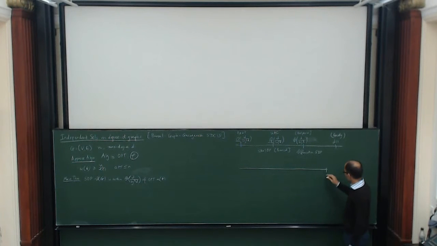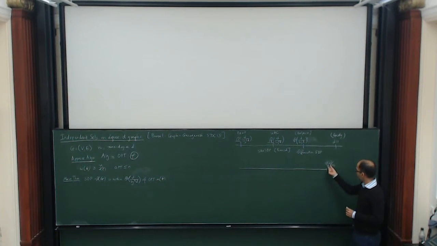So I want to show the theta function value over alpha of G. So let's actually look at this quantity.